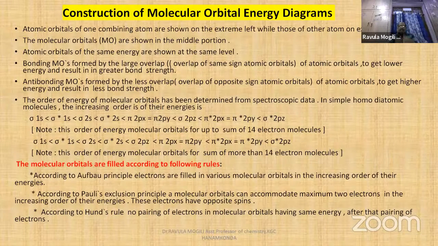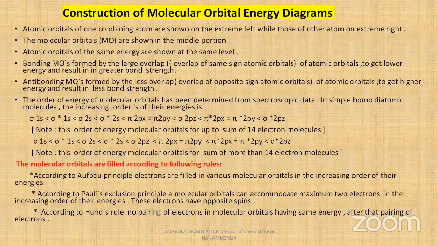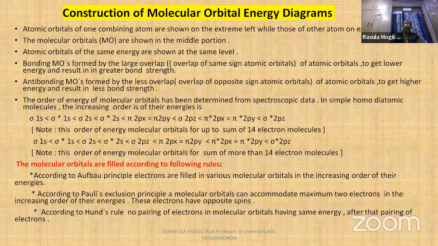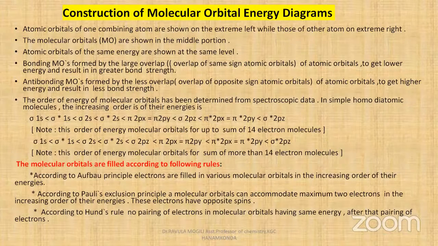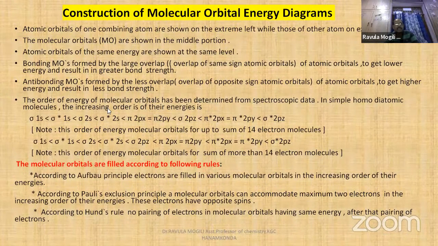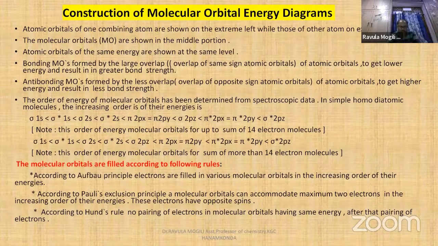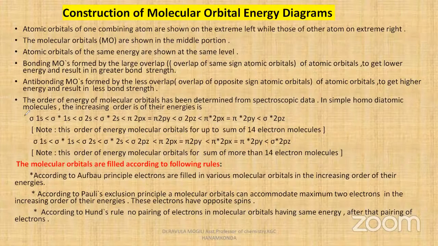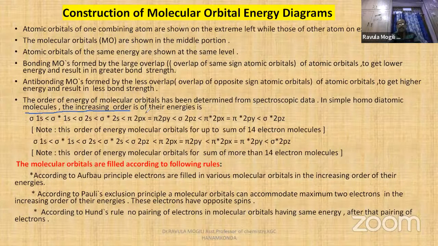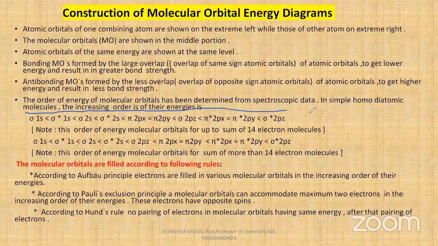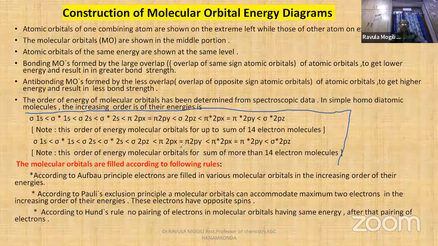In general, the postulates regarding molecular orbital theory: you have to learn this configuration, which is very important. This is the most important configuration. If you know this order, you can calculate any molecule.